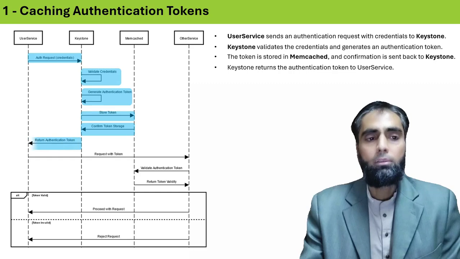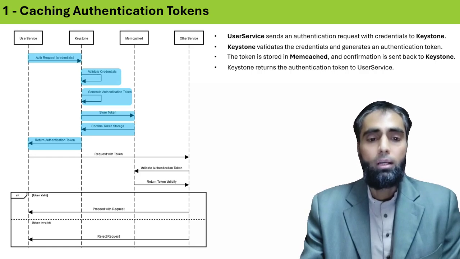After that, Keystone returns the authentication token to the user service or the service that has requested the authentication token. Once this authentication token is received, the user service or the user can send its request, which could be a request to any of the services like the compute service, the networking service, or the storage service.